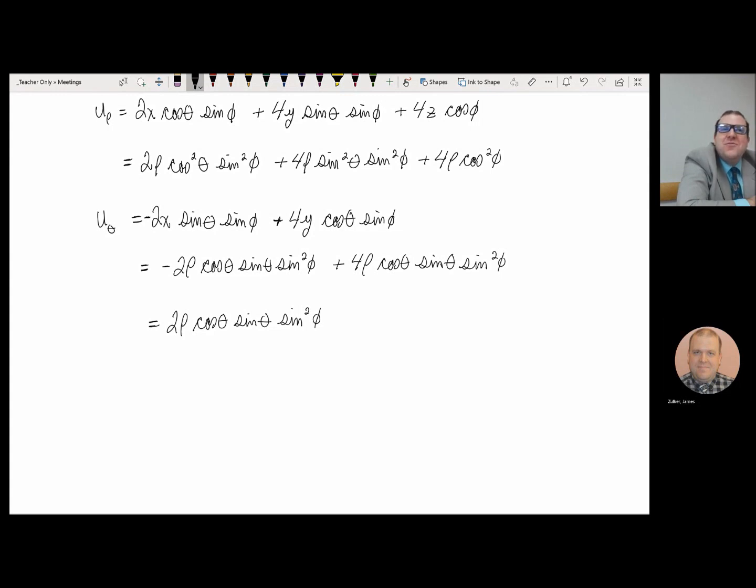Right, there should be rhos, right? And it should be negative U_x rho sine theta sine phi, and then plus U_y rho cosine theta sine phi. That can actually be simplified even further.